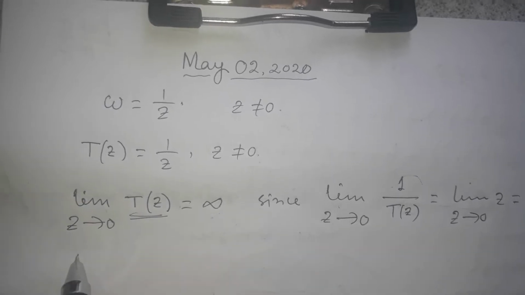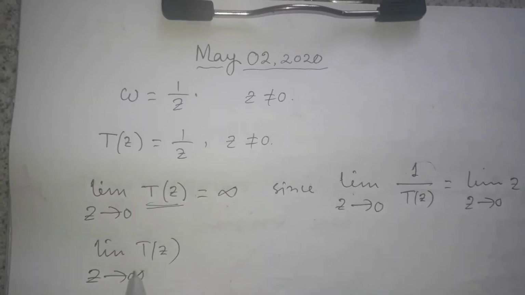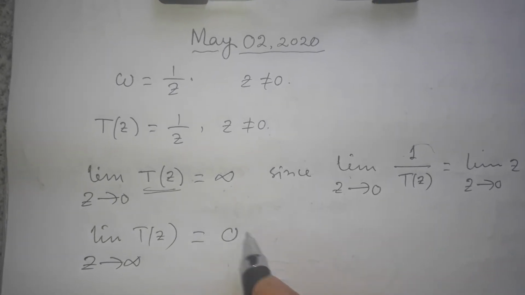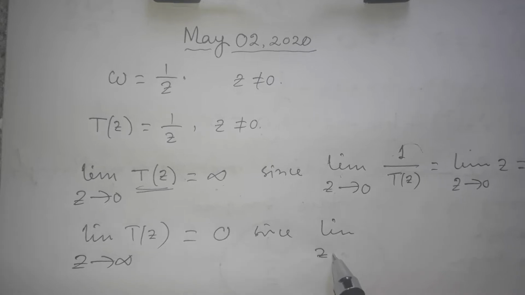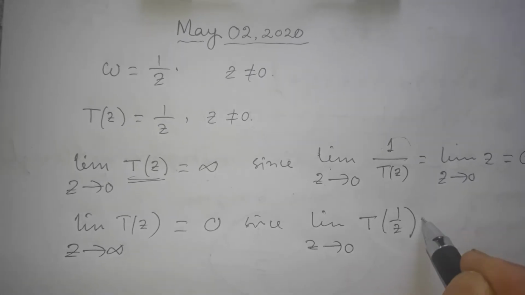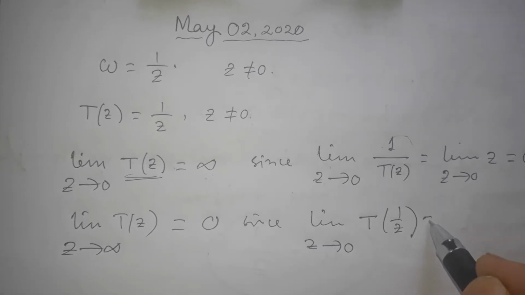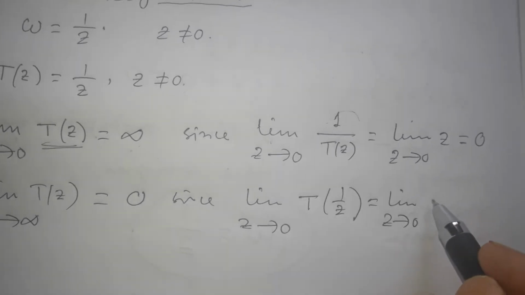Similarly, the limit of T(z) as z tending to infinity will be 0, since the limit as z tending to 0 of T(1/z), and what is T(1/z)?